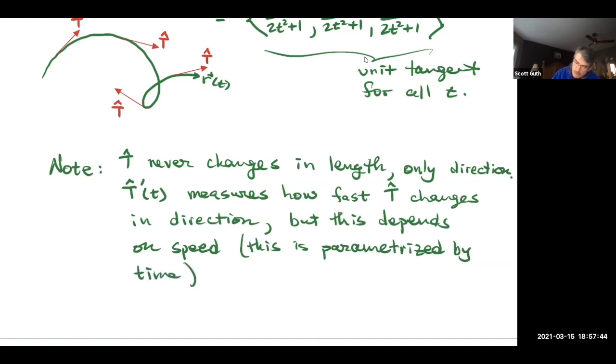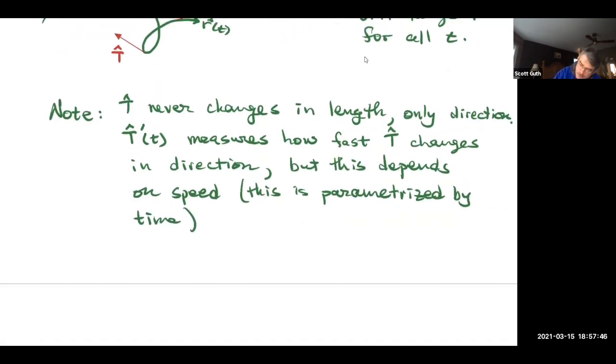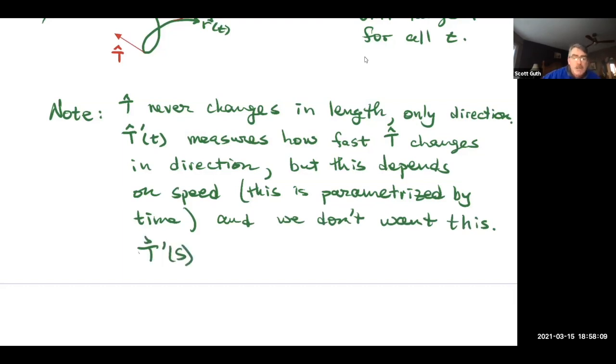Okay, we want to measure change in direction geometrically. So T prime of s measures change in direction and is not affected by speed.